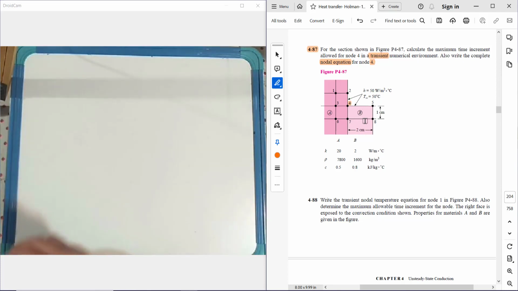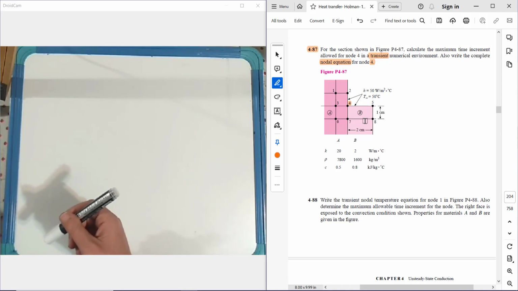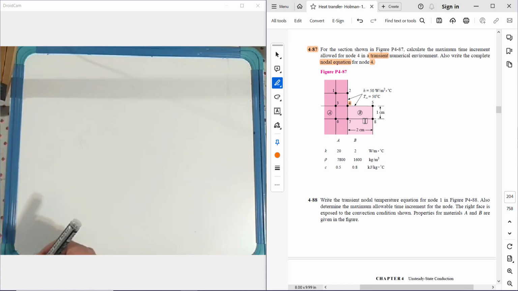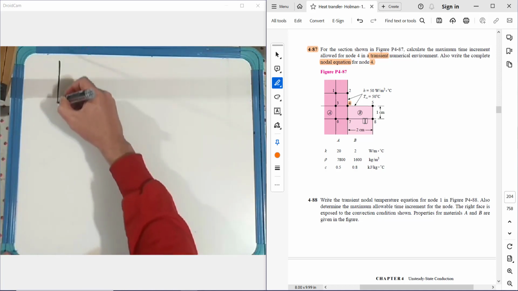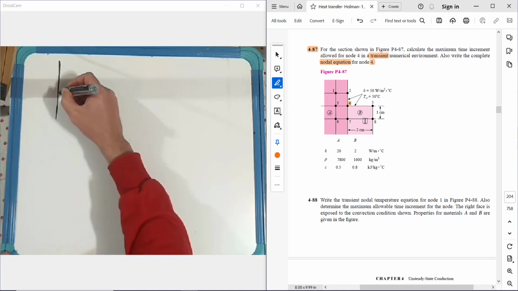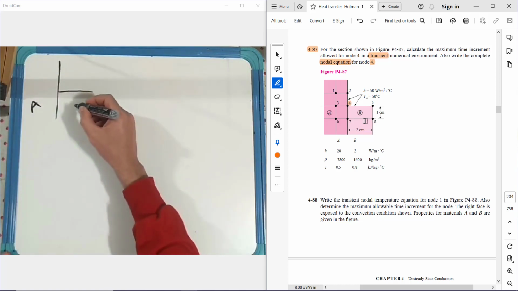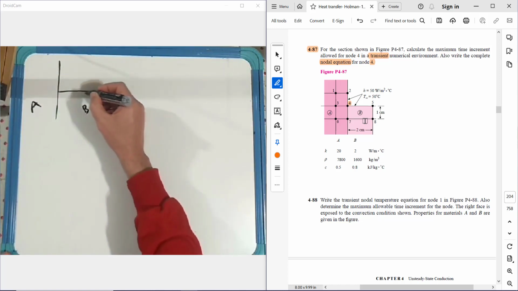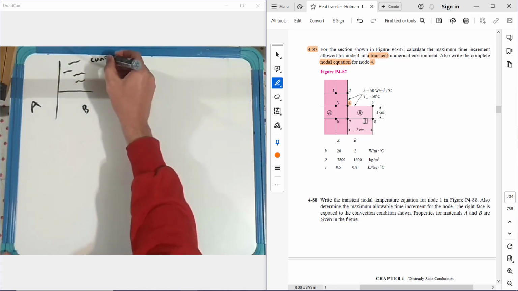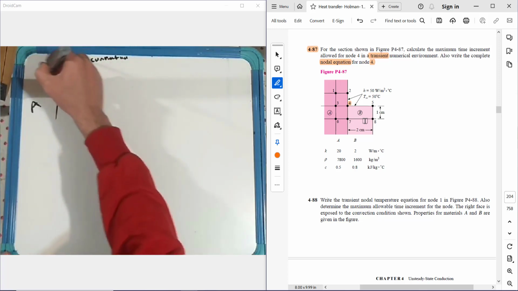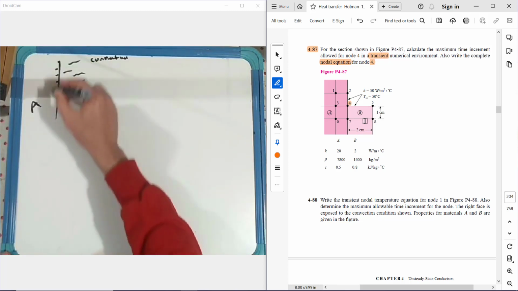Okay, let's get started and draw the picture of that. This is material A, as you can see in the picture, and this is B. Here we have some fluid convection, and this is conductive because these are solid.